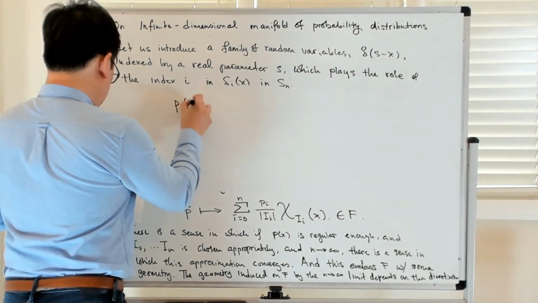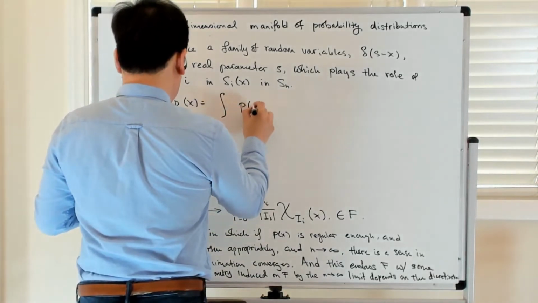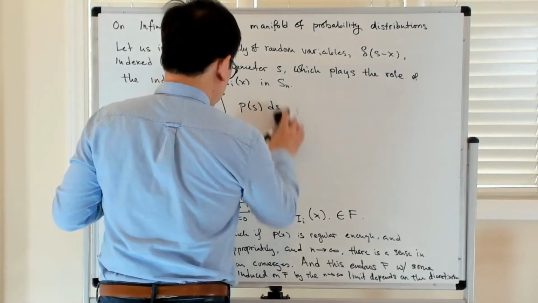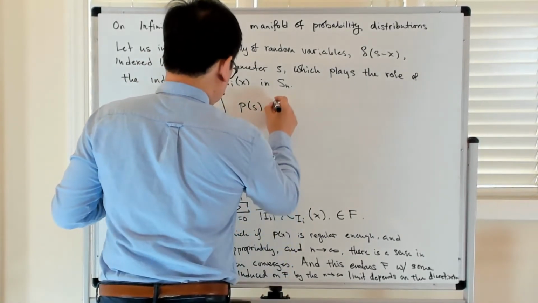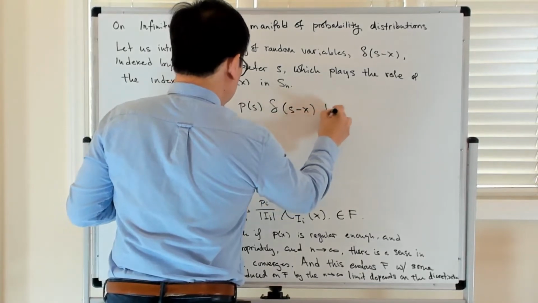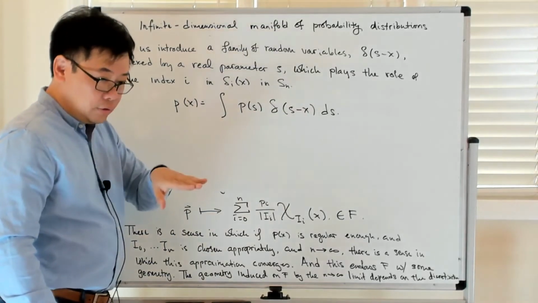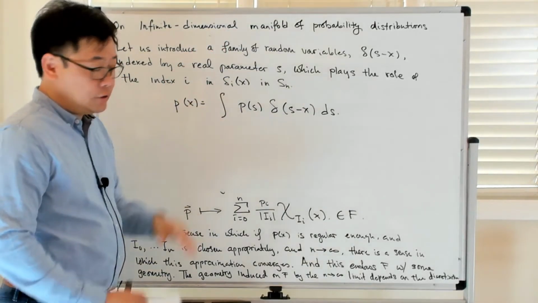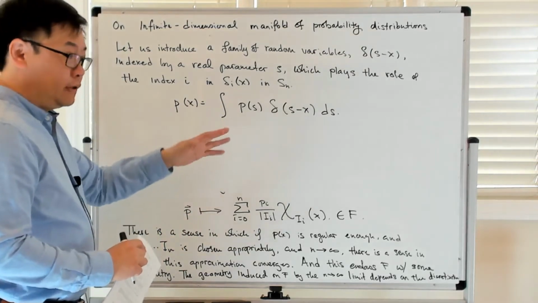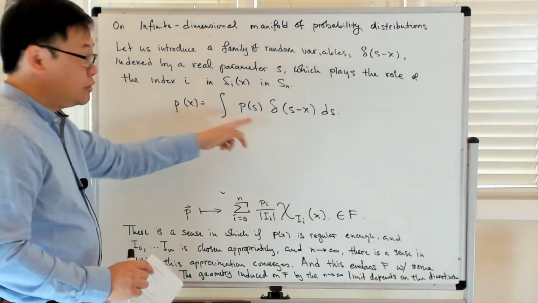So p of x is going to be written as the integral of p of s times the Dirac delta function of s minus x, ds. If you recall, in going from finite dimensional to infinite dimensional, going from vector spaces to function spaces, instead of the sum over the index, you now have the integral over the index.